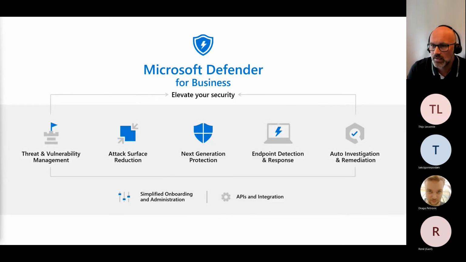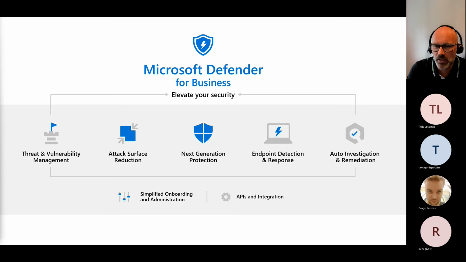So what do we actually get with the Defender for Business? We get different features to elevate the security we see in our business. We get specific management around the threats that are flagged in terms of what is installed in our environment, what vulnerabilities are seen with the devices and the software that is installed in our environment.